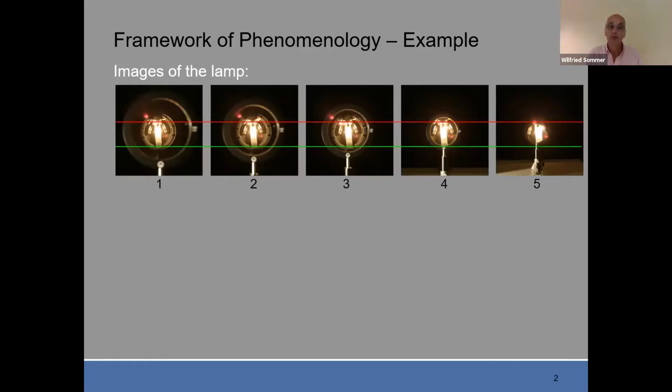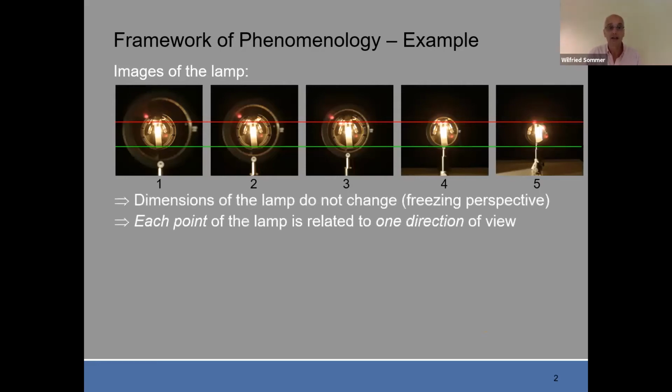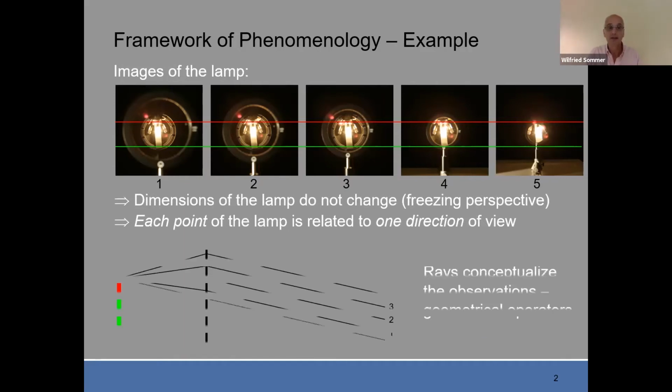If you transform that observation into a concept and you look at it from the external, you have to start from the point that you have a freezing perspective.